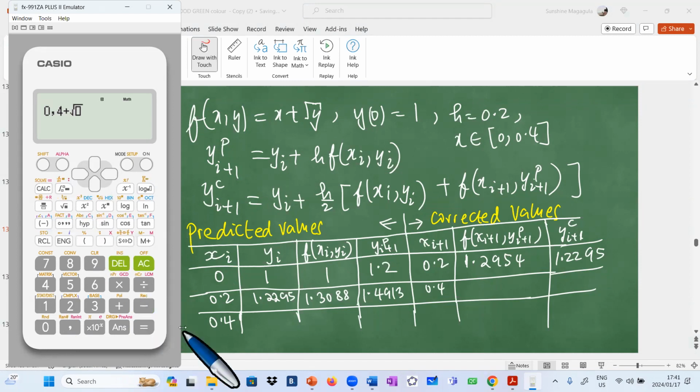And the yi plus 1 predictor is 1.4913. So this is 1.62, 1.62, 1, 2.